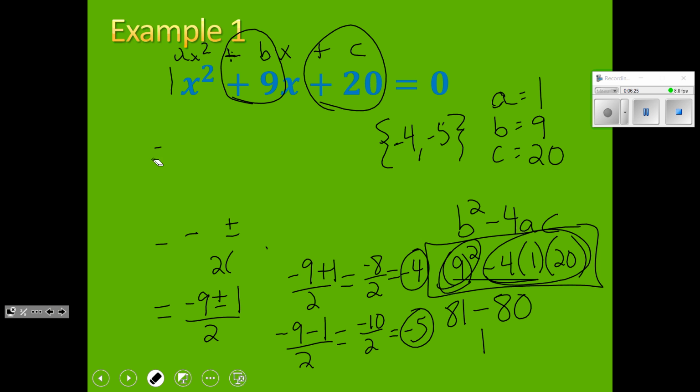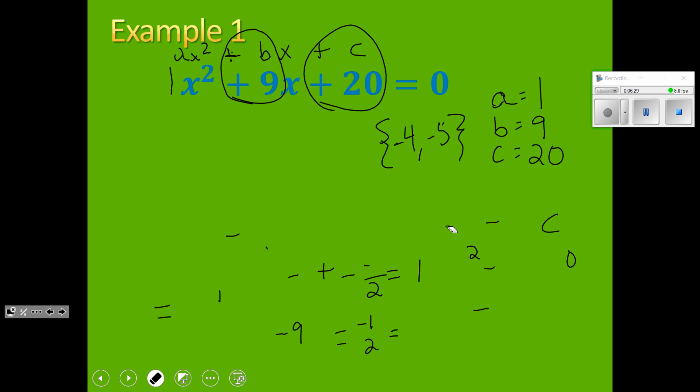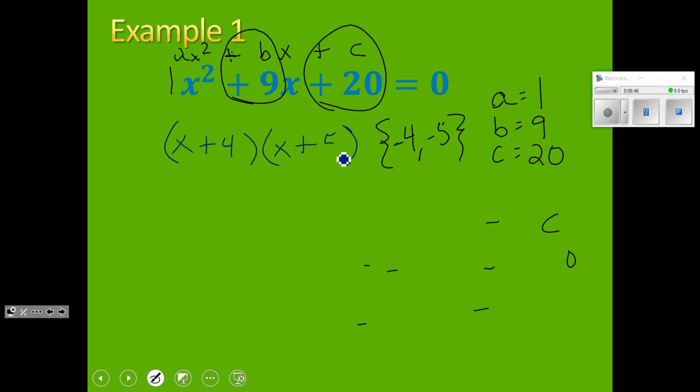And it would factor into x and x and plus 4 and plus 5. And so we know if we set it equal to 0, x would be negative 4. Because remember yesterday you told me the factors were opposite from where it crosses, and x would be negative 5.